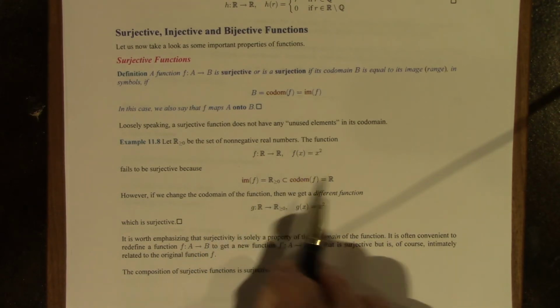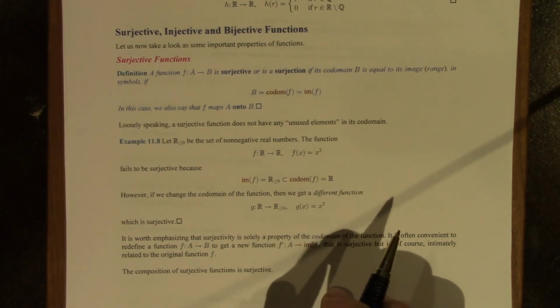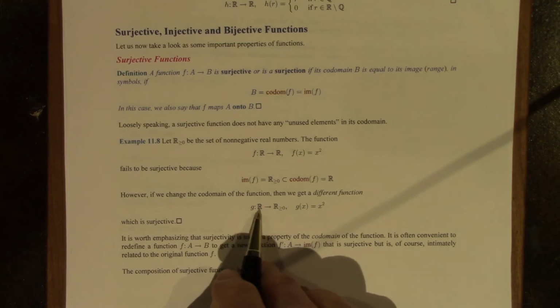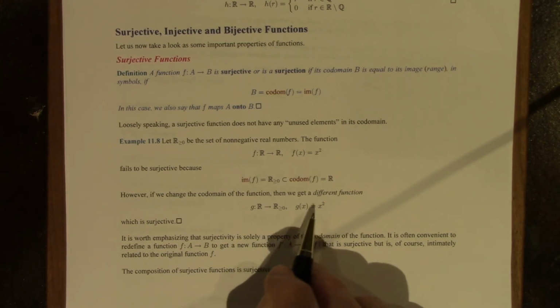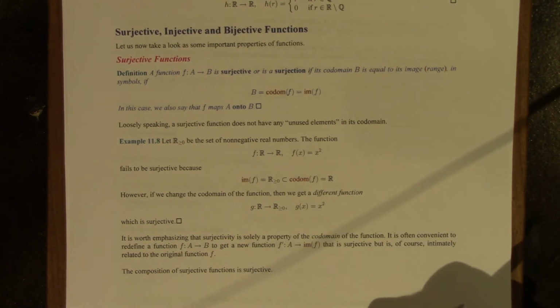But if we change the codomain, make no mistake, we get a different function. Let's call it g. Now it maps R to the non-negative reals. Same rule. This is surjective. So it's important to be clear that surjectivity is solely, strictly a property of the codomain of a function.